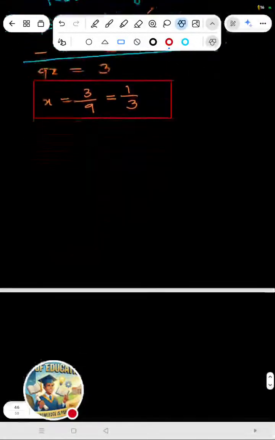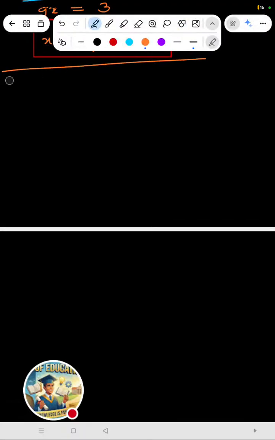Now we will take one more problem. Write in p by q form the number 0.316 with a bar. I'm taking the bar.